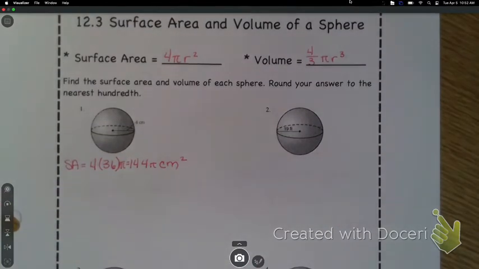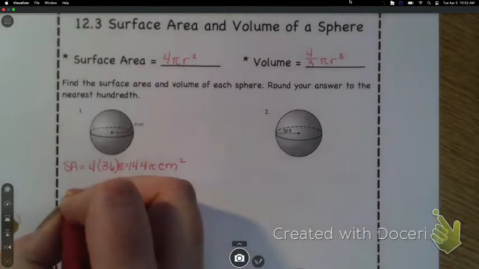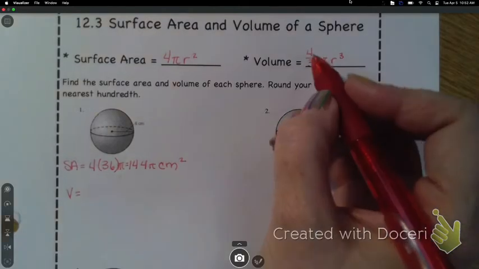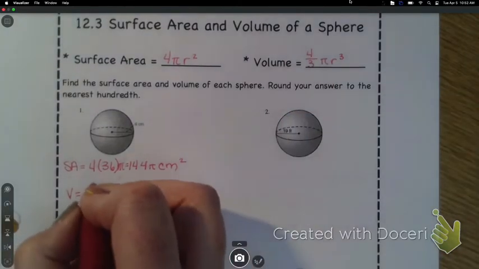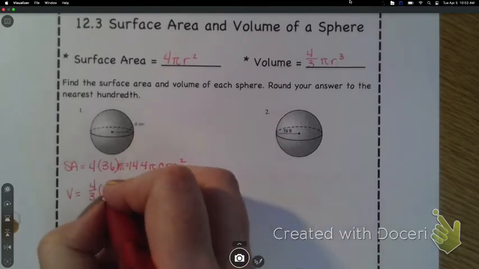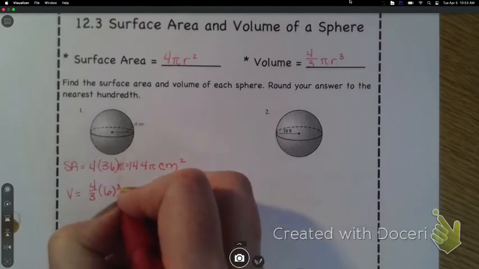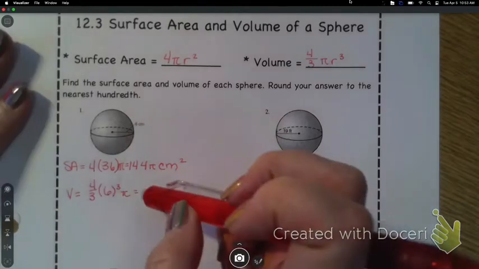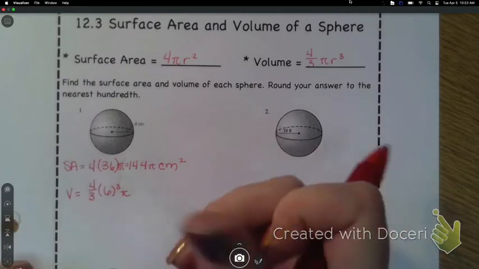That's it. So volume, I thought you said 7 meters for a second. Centimeters. Okay, the volume is 4/3 times 6 cubed, pi. Well, you should all know 6 cubed, yes? What is it? 216.